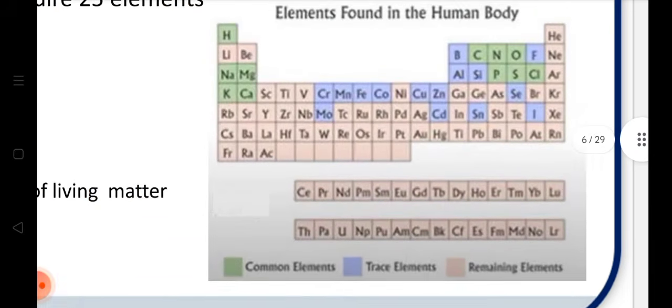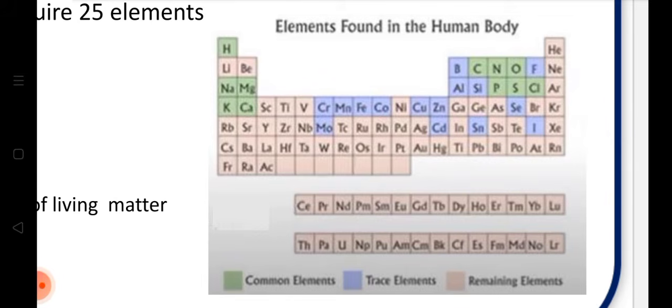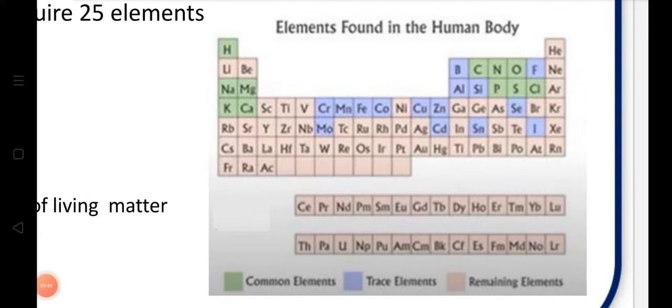If we zoom in, the green elements are the common elements. We have the green ones: hydrogen, sodium, potassium, magnesium, calcium. Then we also have carbon, nitrogen, oxygen, phosphorus, sulfur, and chlorine. How about the purple ones? We have the trace elements.